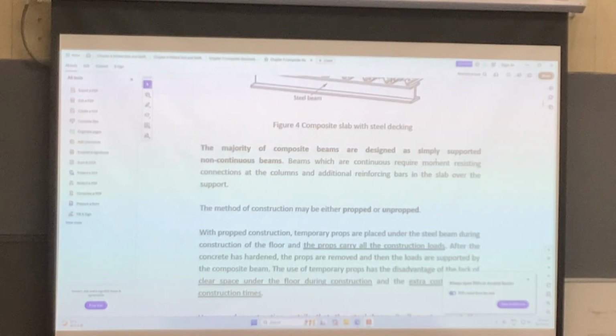Now if there is no prop, when I put the wet concrete on the top, what will happen? There's no support in between, so the load will be taken by the steel beam. So this is the difference.